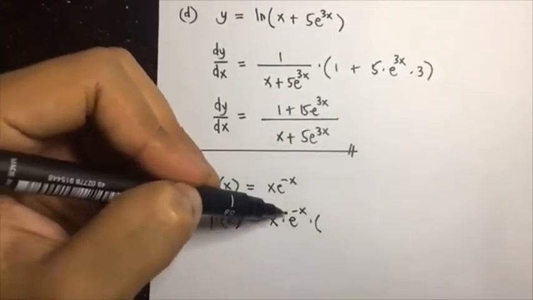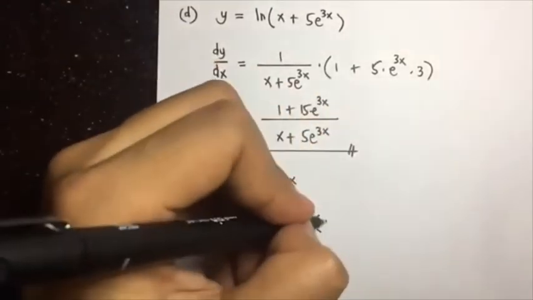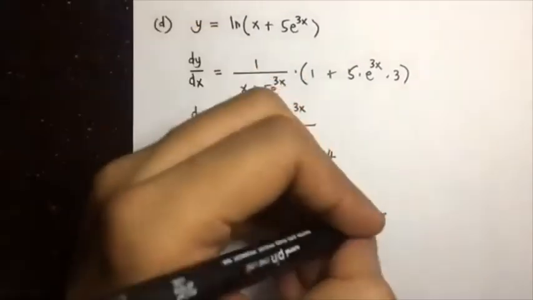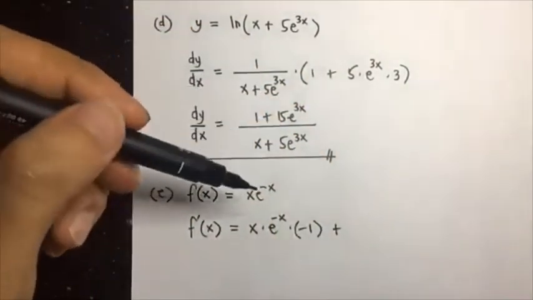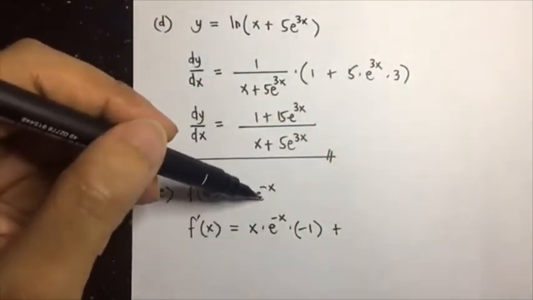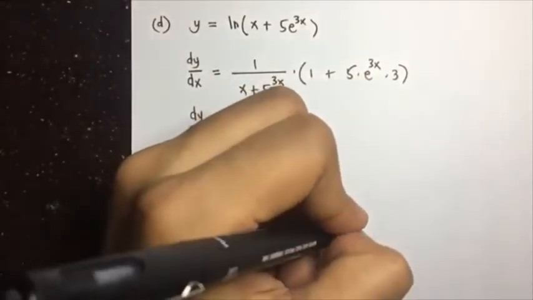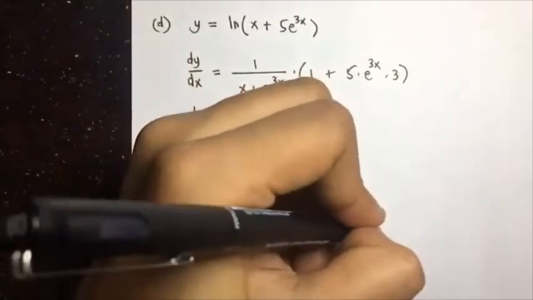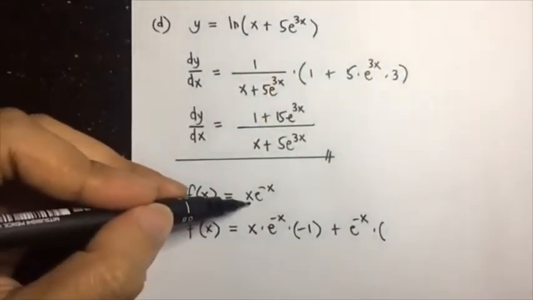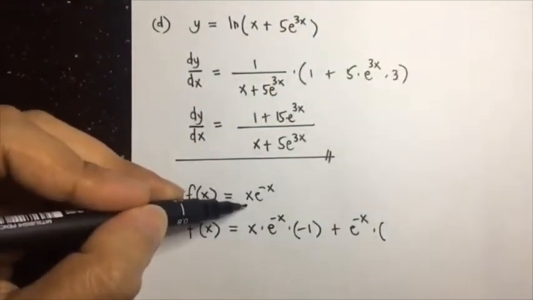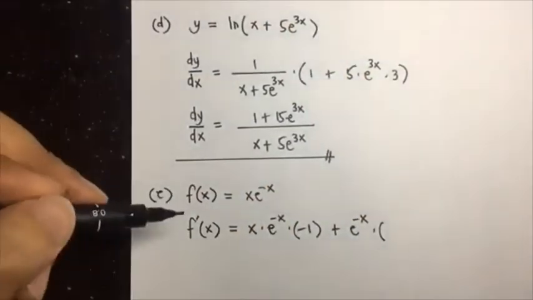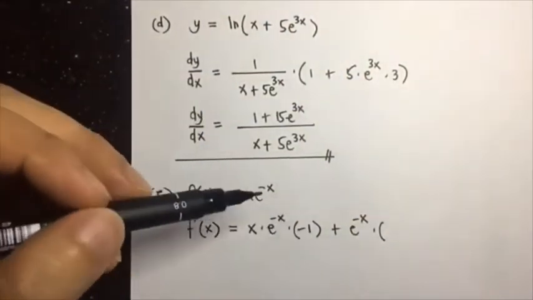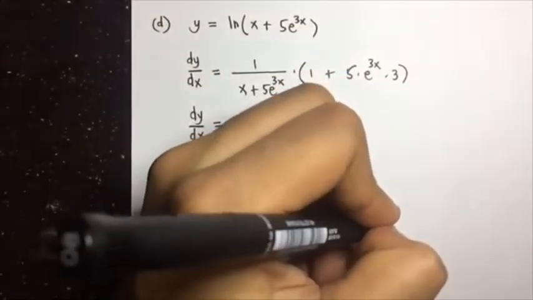So the derivative of negative x is negative 1. Plus copy e to the negative x for the second factor multiplied by the derivative of the first factor. So the derivative of x with respect to x is 1.